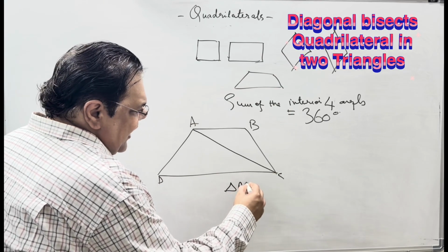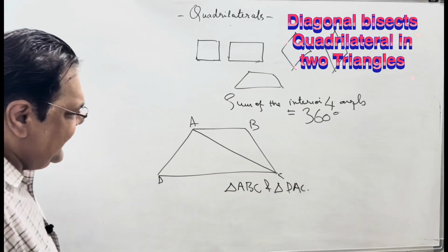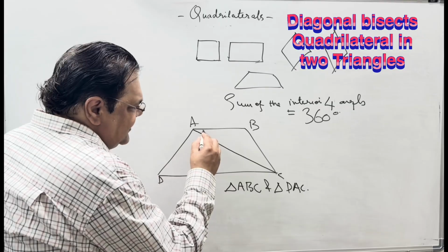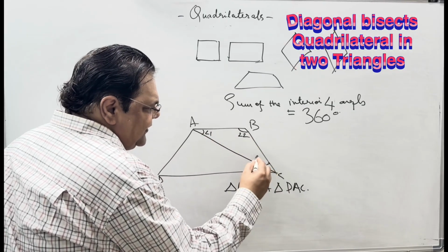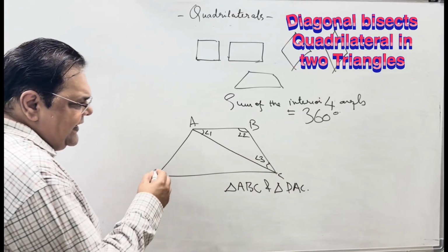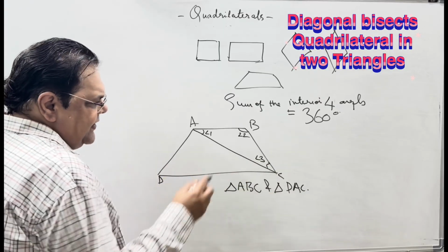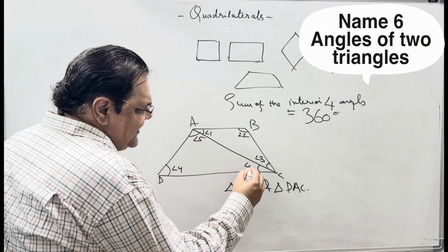For example, here you have triangle ABC and triangle DAC. Let us name all these angles. Angle 1, angle 2, angle 3 in triangle ABC, and in triangle DAC, angle 4, angle 5, and angle 6.